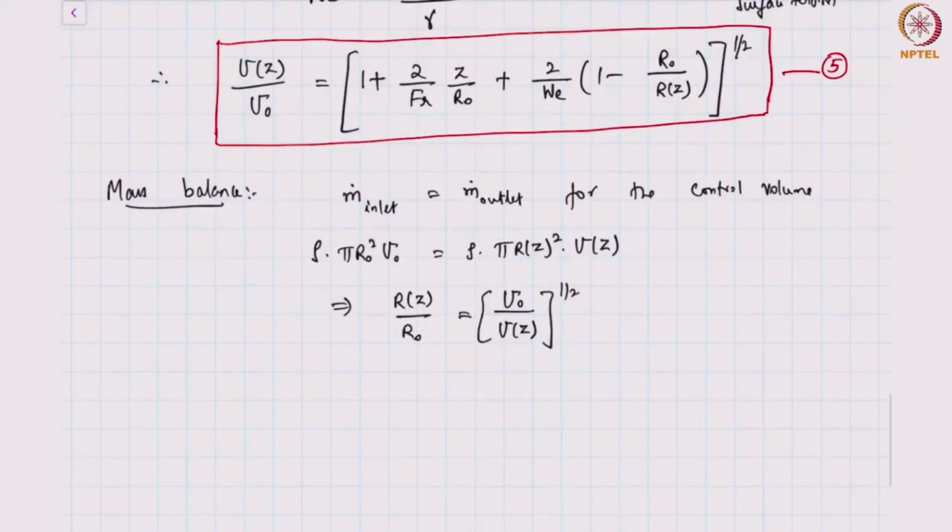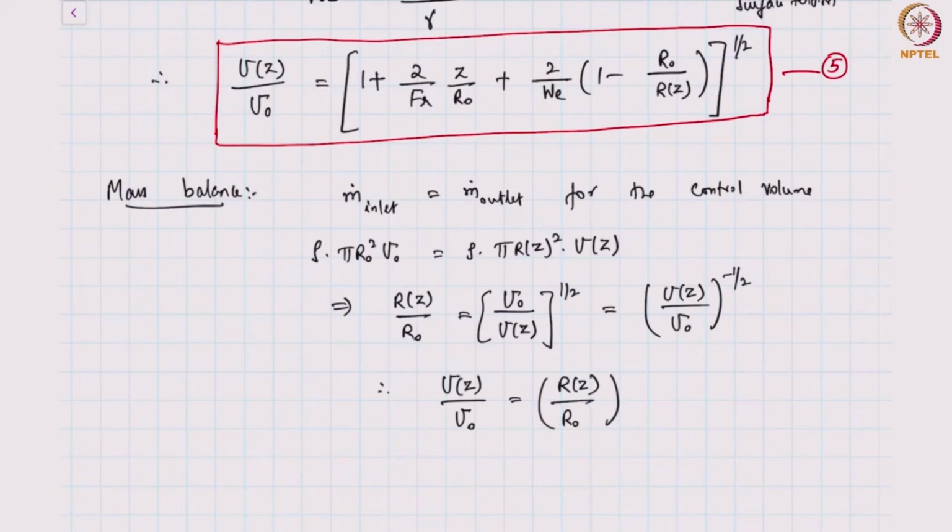Correct? And this can also be written as U of z by U naught whole power minus half. From this I get a relationship between the ratio of the velocities as R of z by R naught whole power minus 2.